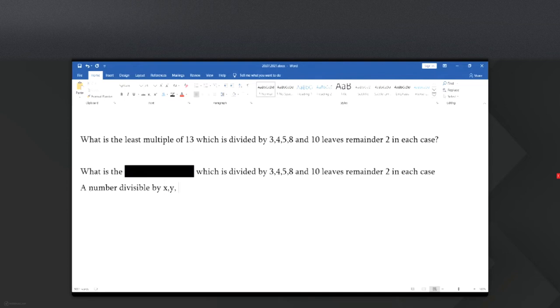You have to find the LCM of x and y. You simply have to find the LCM of x and y.